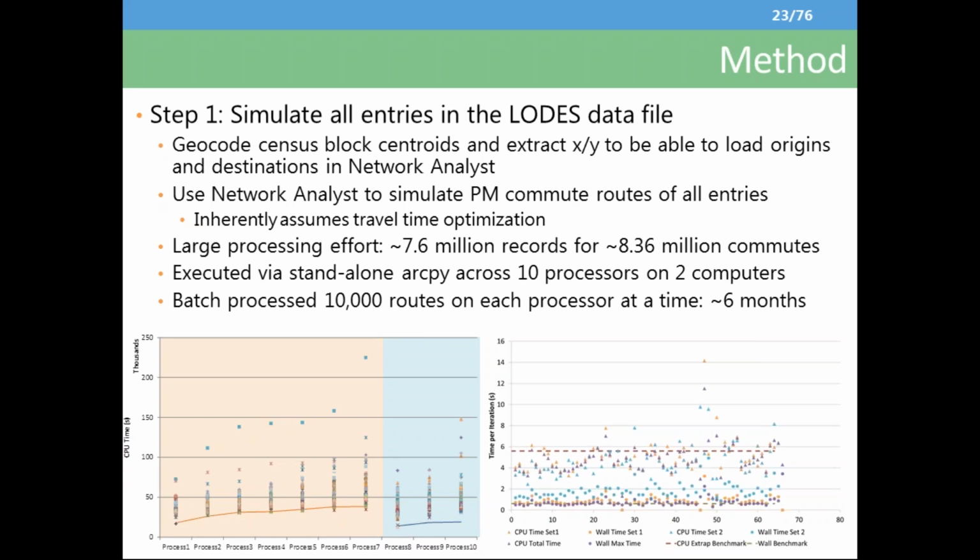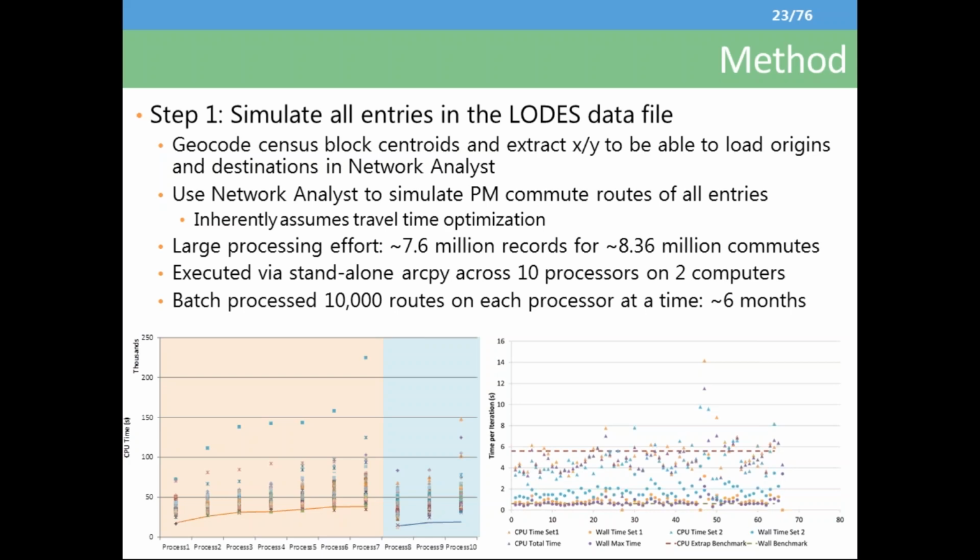And so what we were able to do was to geocode those as XY coordinates into ArcGIS, and then ask ArcGIS network analyst to simulate what their likely path might be between work and home during the PM peak commute time. We chose PM peak because that's a little bit slower than the AM peak, which means that you have a little bit more restrictions in terms of what's determined to be convenient access.